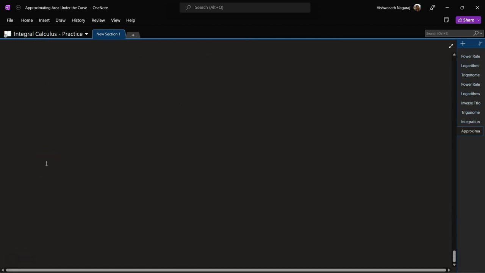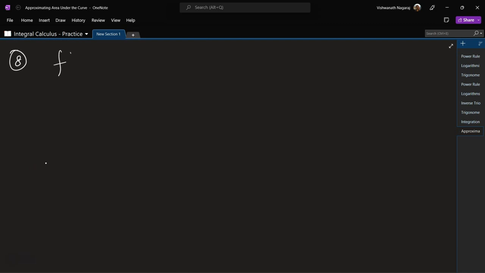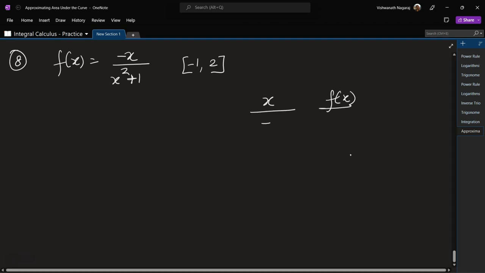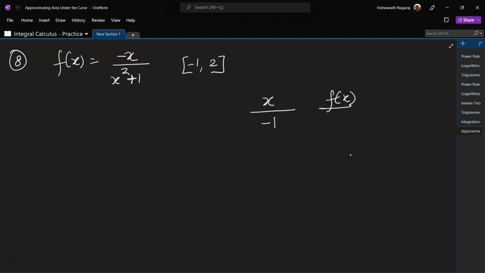Okay, let's look at the eighth one. f of x is equal to minus x by x square plus 1, and the interval is minus 1 to 2. Okay, and since in the denominator we have an x square and this is addition, it will never be 0. So let's say x and f of x: minus 1, 0, 1 and 2.